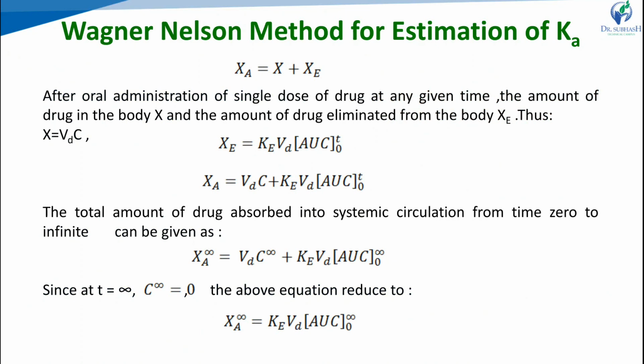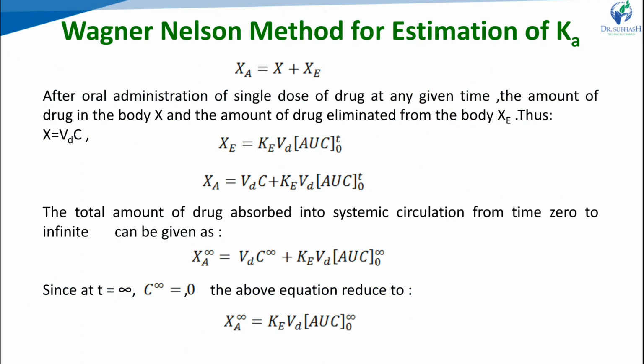For the amount of drug in the body, X is equal to Vd times C. The amount eliminated becomes Xe is equal to Ke times Vd times AUC from 0 to t. So the amount of drug eliminated at any time t can be calculated.